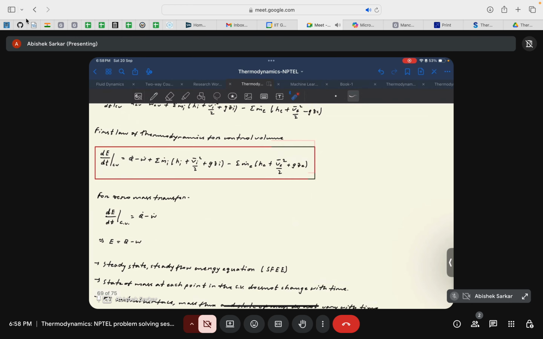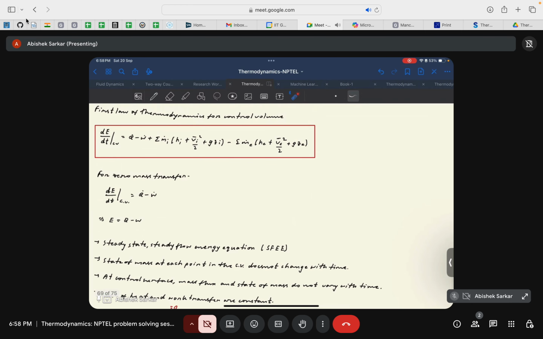One way to check whether your equations are correct is to consider that if there's no mass transfer, there is no mass influx and no mass efflux, so these two terms will be zero. You'll again get back your initial equation, d by dt of E CV equal to Q dot minus W dot.